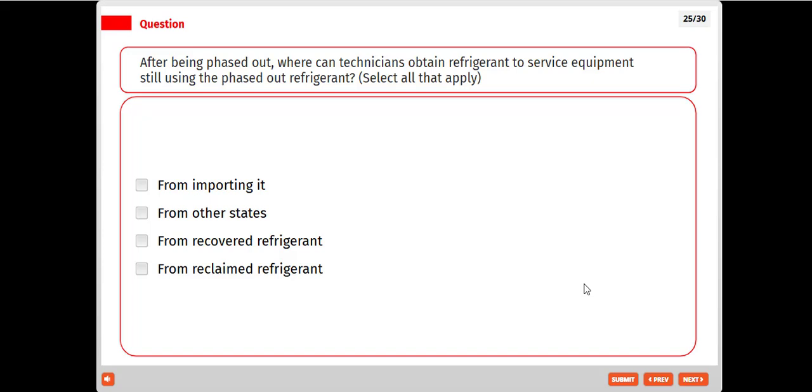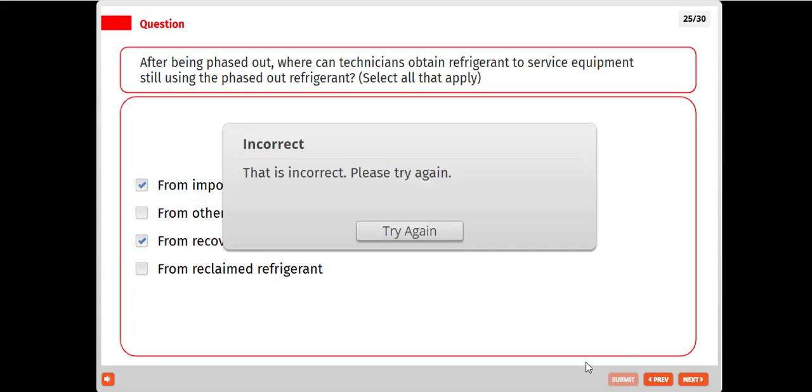After being phased out, where can technicians obtain refrigerant to service equipment still using the phased out refrigerant? From importing it from other states, from recovered refrigerant, I think from recovered refrigerants, or from importing it, I don't know.